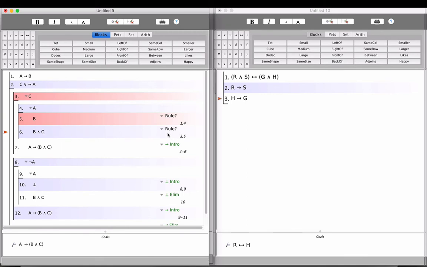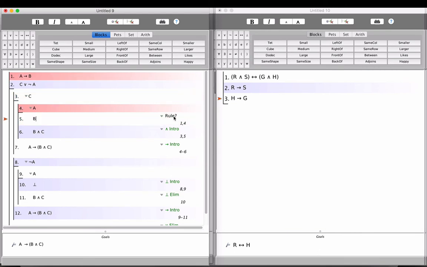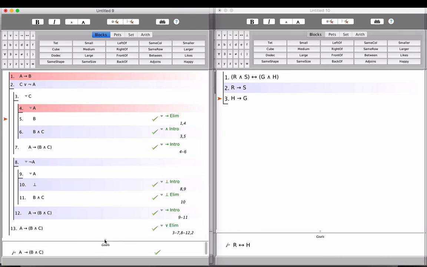Then B and C is achieved by lines 3 and 5, conjunction intro. B is achieved by 1 and 4, conditional elim. And let's check things out. And once again, we have a check mark.